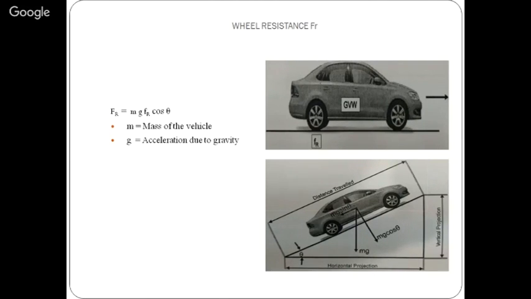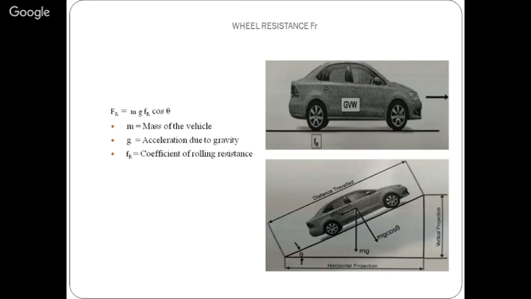Fr, force, and R, resistance. Force into perpendicular distance is equal to, this is the force. Fr is the rolling resistance friction. On what road is the vehicle accelerating? Is it on a bad road? Suppose we are accelerating a vehicle on an inclination on a sand surface. Then what will happen?